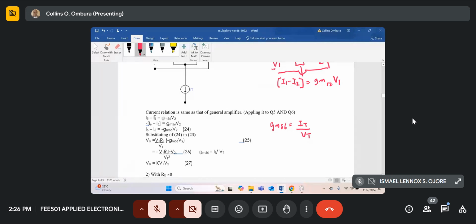In this first equation over here, it was I5 minus I6 is equal to GM56 into V2. But if I want to put it in the form of I6 first, then I've got to multiply by -1 outside the brackets. Then I'll get I6 minus I5 is GM56 into V2.